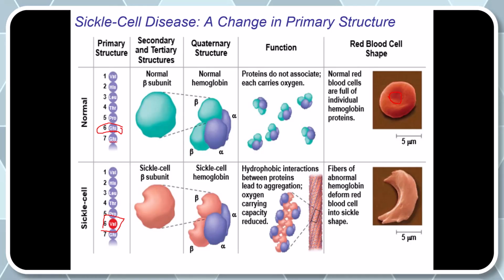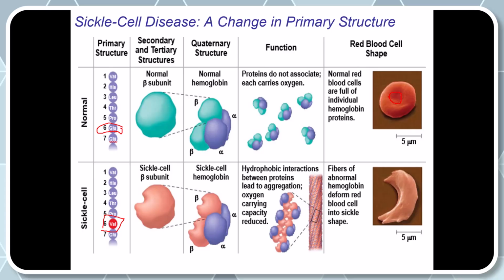In sickled cells, there's one amino acid different. So in the secondary and tertiary structures, that protein or that subunit of the protein folds up differently, and so that causes the hemoglobin protein with all 4 subunits to fold up differently, and those beta subunits are able to aggregate with each other, which you don't really want.